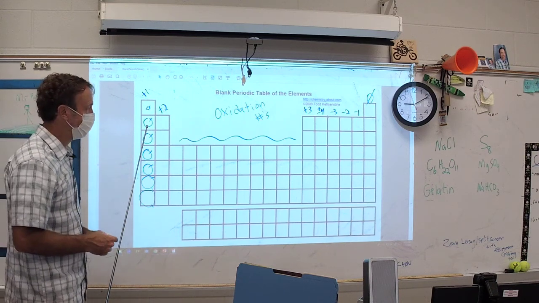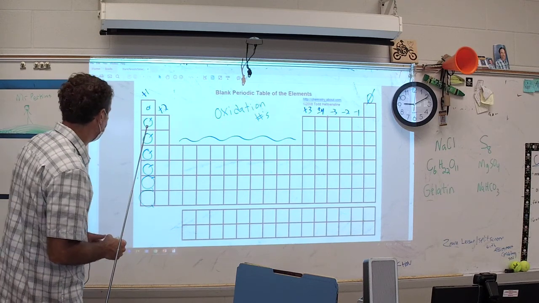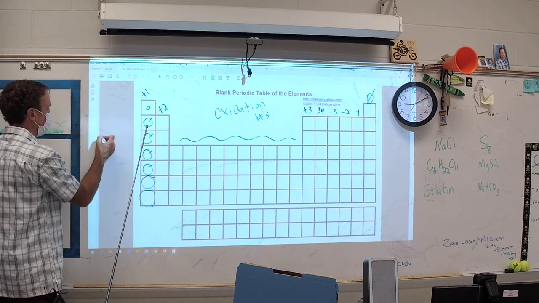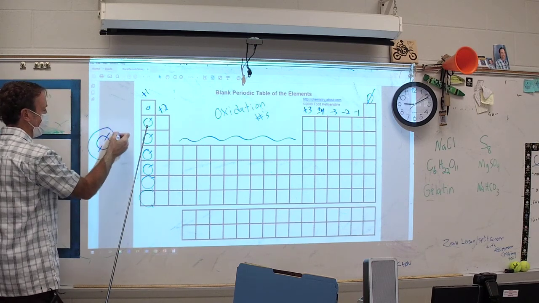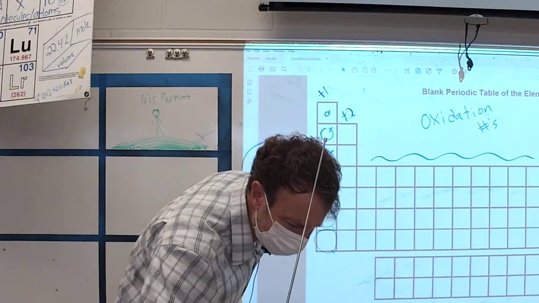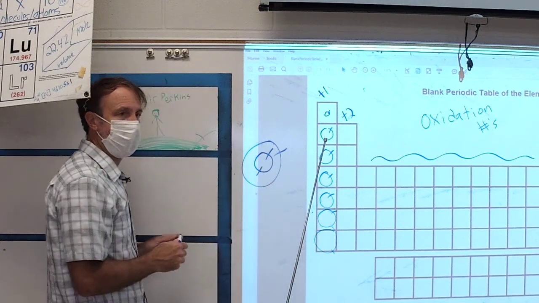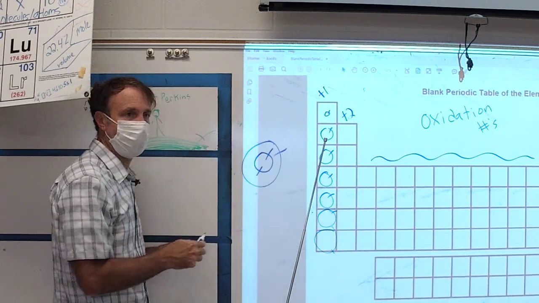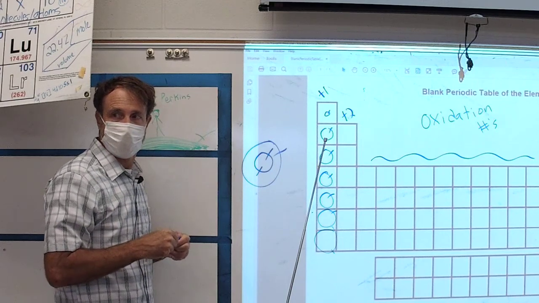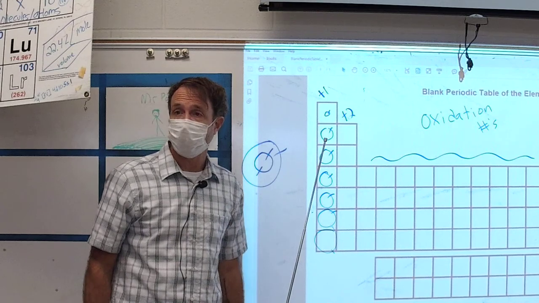So if we looked right here, let's say I draw lithium. Here's lithium. When it bonds, what happens to this electron very easily? Is lithium very electronegative?